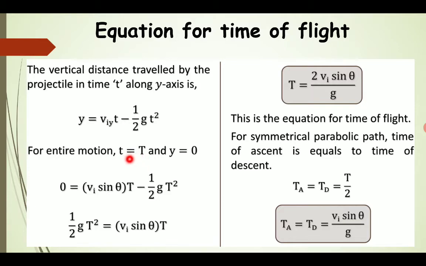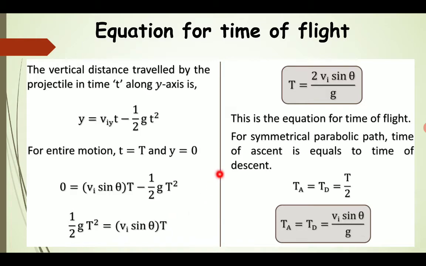For the entire motion the time t is capital T, and we know that the vertical distance becomes 0 as the projectile comes down and reaches the ground. So the vertical distance for the final time is 0. Let us substitute, replacing small t with capital T and y as 0, and solve this. We get that 1 by 2 g t square is equal to Vi sine theta t.